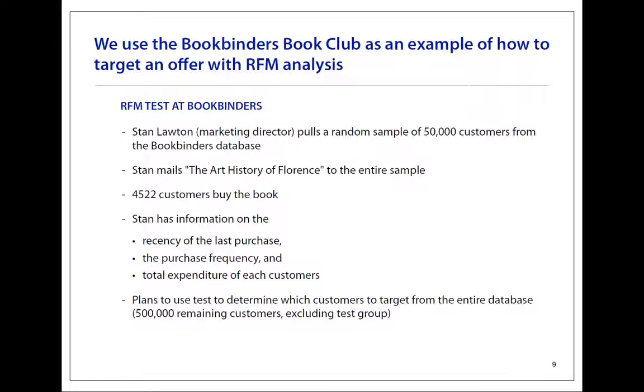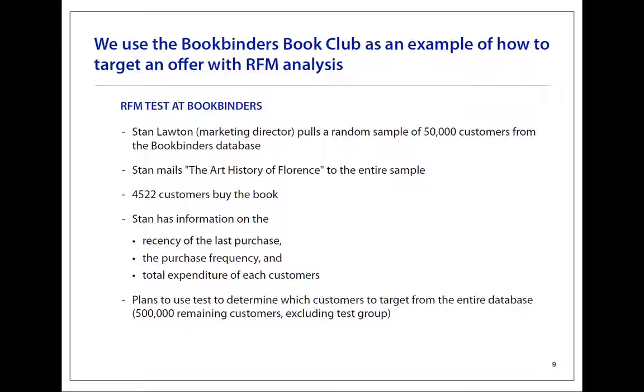So this company has this particular offer and this particular book, and they want the customers to buy. The book they want to promote is called The Art History of Florence, and they want to promote the book to those segments who are more likely to buy.